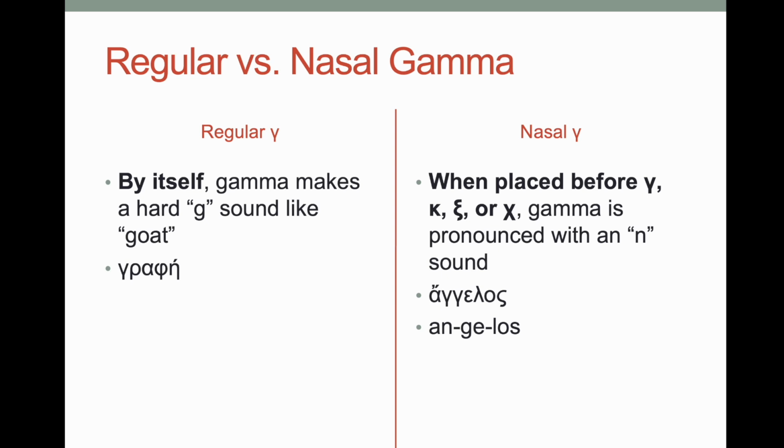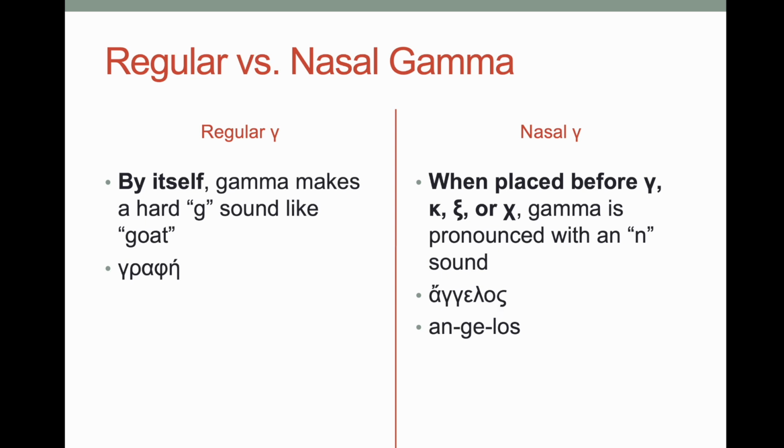But when you see a gamma placed before another gamma, or placed with a kappa, or an xi, or a chi, that initial gamma is pronounced with an N sound. It's called nasal gamma. Here's the example that I present to you, and that's the word for angel or messenger.